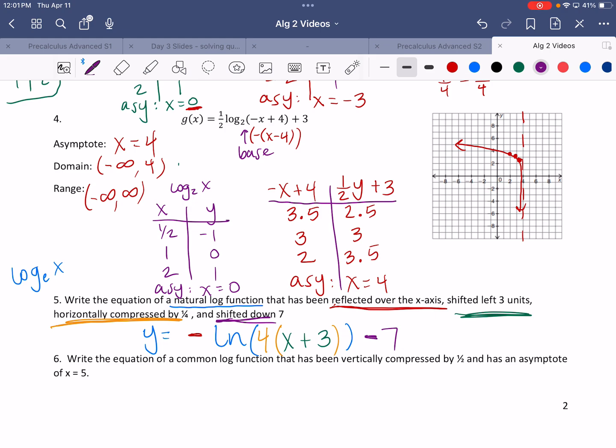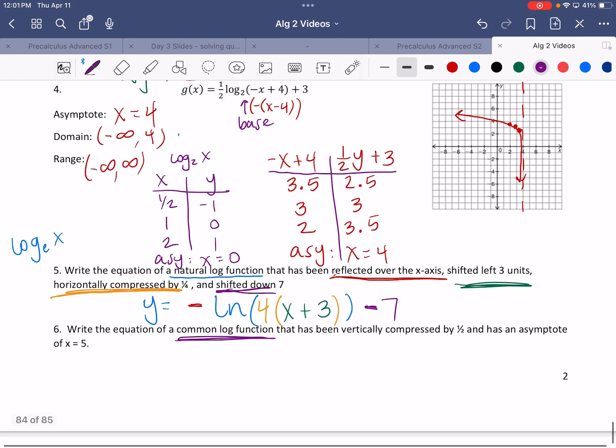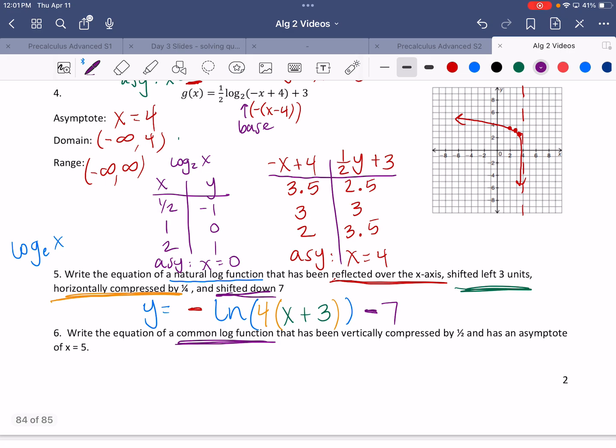The last one says write the equation of a common log function that has been vertically compressed by 1/2 and has an asymptote of x equals 5. What's common log? The one that we write as log x. Right, it's written just as log x because it's an understood base of 10. It's that button on your calculator right next to the 7.